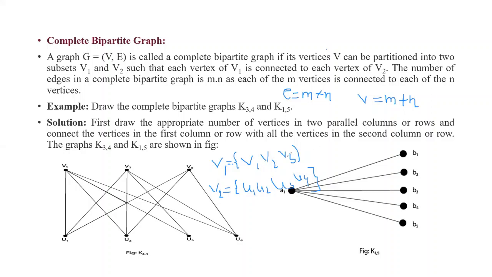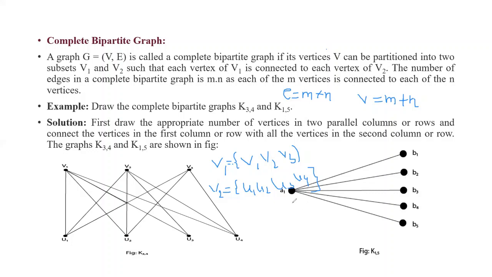So this is a complete bipartite graph K3,4. The number of vertices is 7 and the number of edges is m into n, 3 into 4, that is 12. Sorry, the number of edges is 12, not vertices. The number of vertices is 7 and the number of edges is 12.